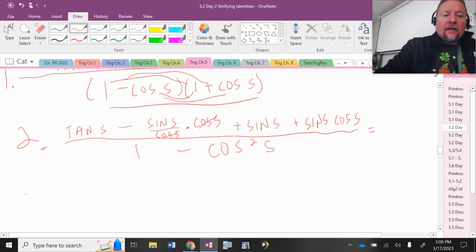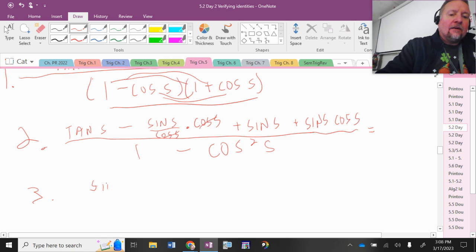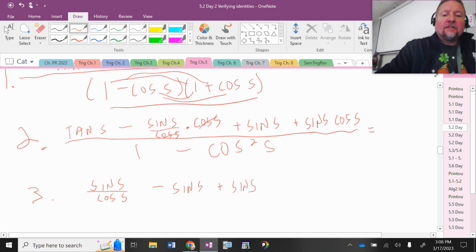All right. I guess I could start making some changes. I guess I might make this tan cosine over. Wrong. Wrong. Sine over cosine. I guess I could cross these off up here, or I'll do it here. Sine of S plus sine of S, one negative, one positive. You're gone, sines.